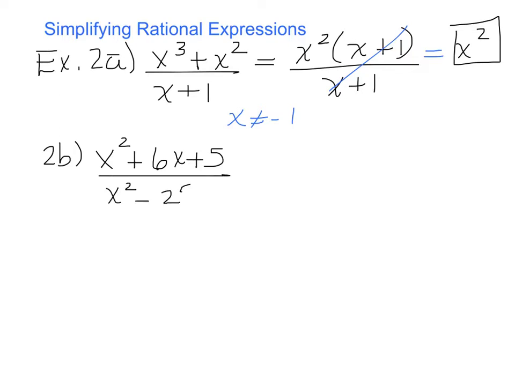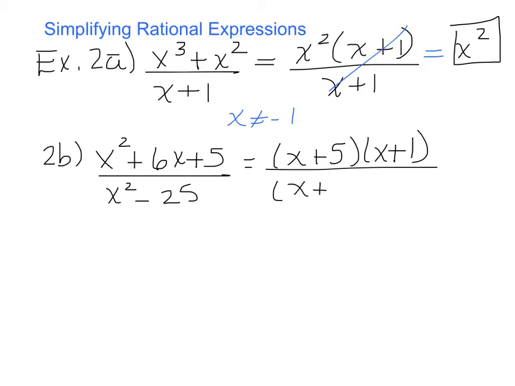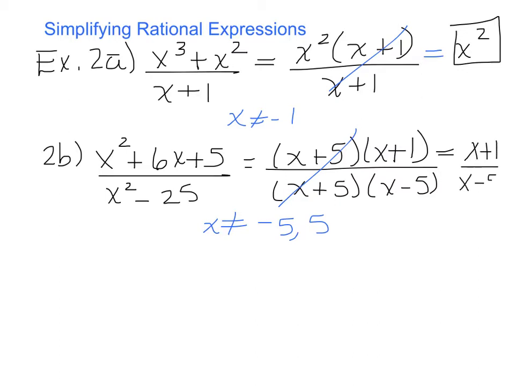This example I have to factor both the top and the bottom. So those of you that are good at factoring. Okay, so I'm going to exclude my numbers in my domain. So x cannot equal negative 5 or 5, just the denominators. Then I'm going to divide those, and my answer is x plus 1 over x minus 5.